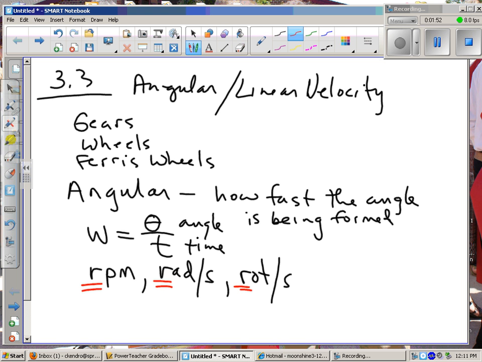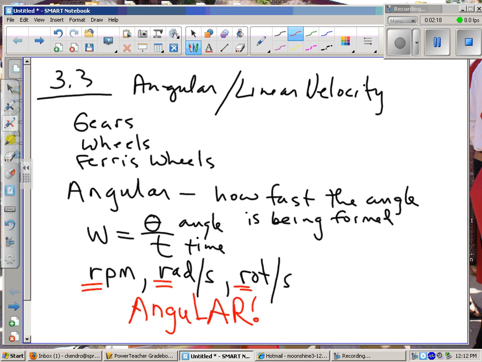So to help realize whether a number is angular or linear, you can look at the label. If the label starts with R, I think of it as angular. Angular velocity has R for the units. I know it's not the most scientific way to remember, but it does work.